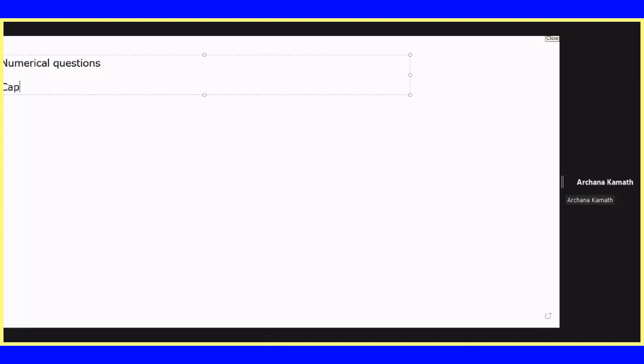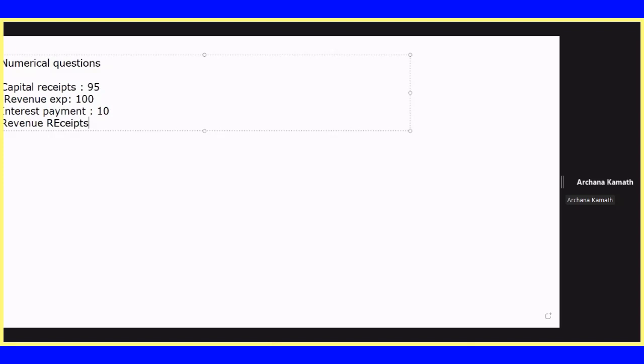First question: capital receipts are given as 95 units. Revenue expenditure is given as 100 units. Interest payment is given as 10 units.